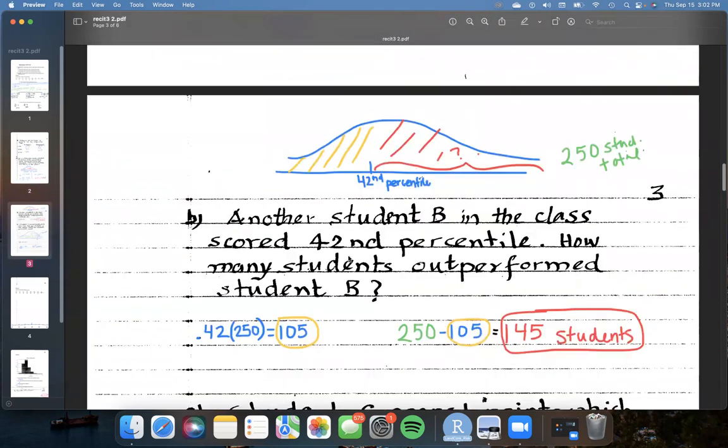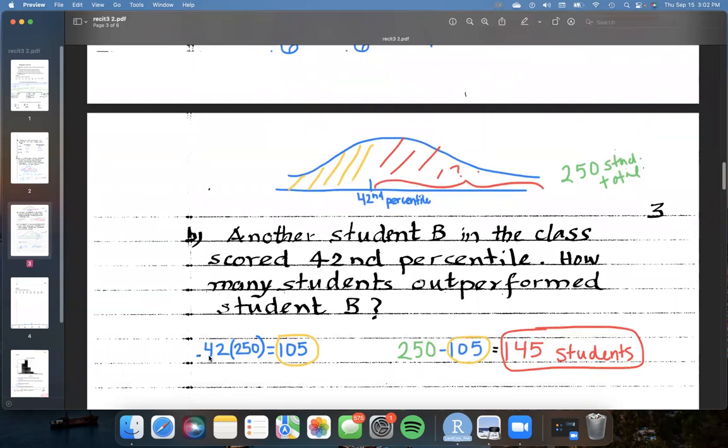So we're going to want to hold on to that information. There's 2 steps in solving this. First, we're going to figure out what is this yellow area here. We want to know how many students scored below student B. So we're going to take 0.42 and multiply it by the total. That'll give us 105. So here there's 105 students. But what we're interested in is the red area under the curve.